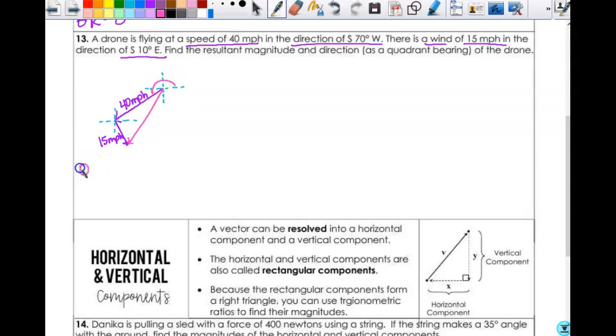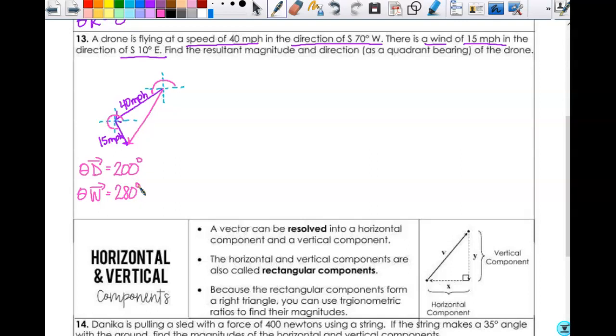So the theta for the drone is 200 degrees. Then the theta for the wind: I went south 10 degrees east. Well, I know if I start here and go to here, that's 270, add another 10, and I'm going to get 280 degrees. So those are the pieces that I need.